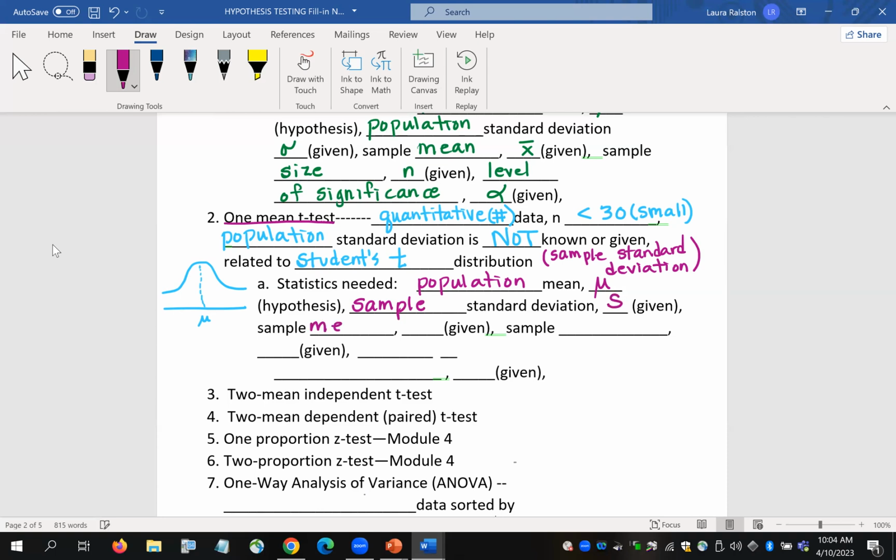You still need the sample mean, which is x bar. You still need the sample size, which is n. And you still need the level of significance, which is represented by the Greek letter alpha.